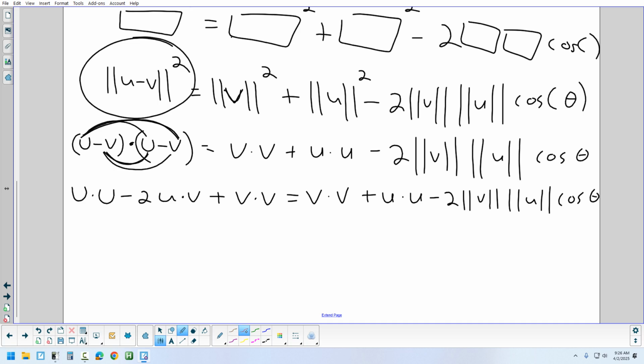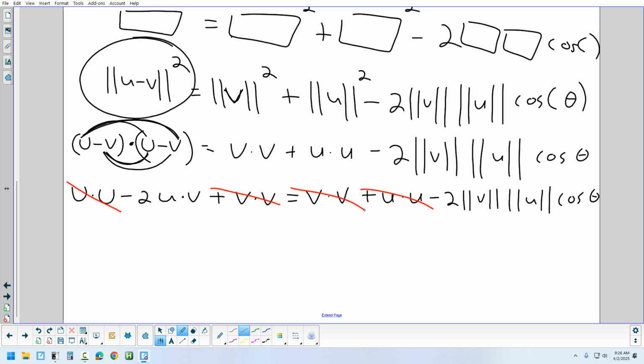You can subtract u dot u from both sides. Anything else? You can subtract v dot v from both sides.